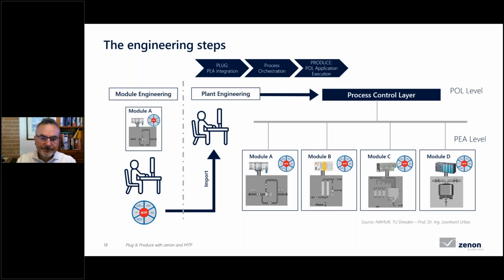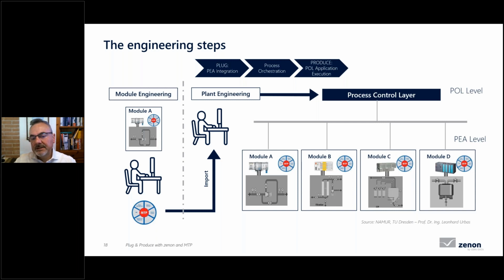So summarizing what we have here: the engineering steps are divided, as you can see, between module engineering, where we have an engineer that provides the automation for this specific module, so the PLC programming, for example, and then of course generates the MTP file. And then, separated, we have other people responsible for the plant engineering.